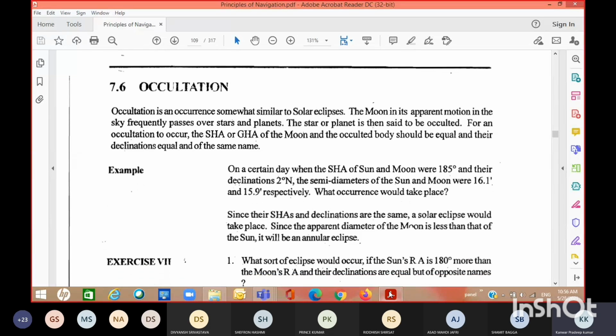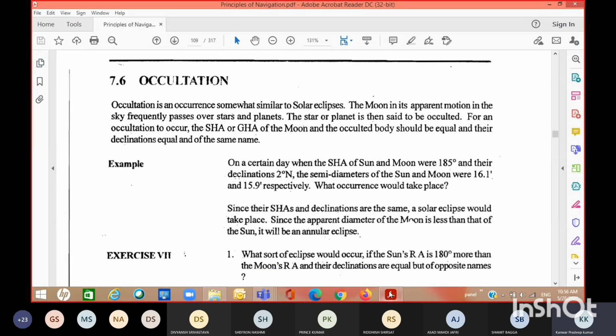Occultation. Just because it has come on the screen, I will tell you what is occultation. When the moon is moving across the sky, definitely if it can come in the path of the sun, it can come in the path of the planets and stars also. Am I right? Yes.